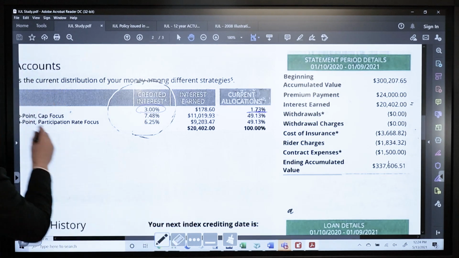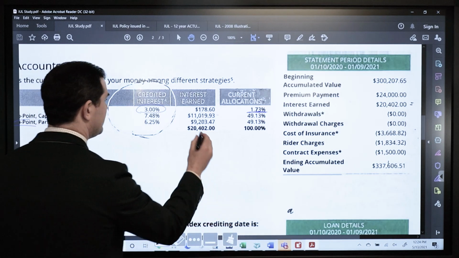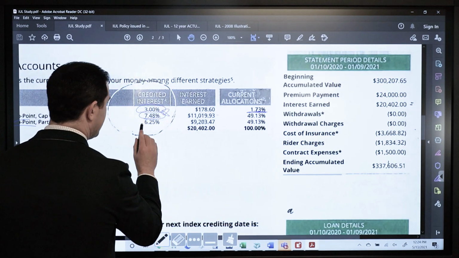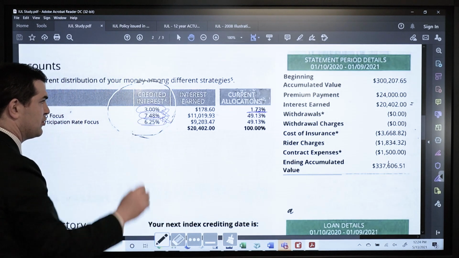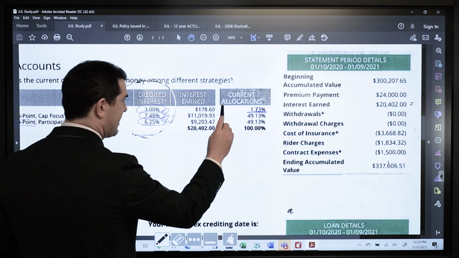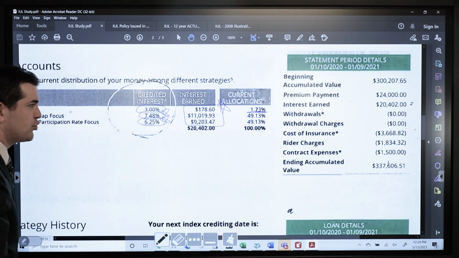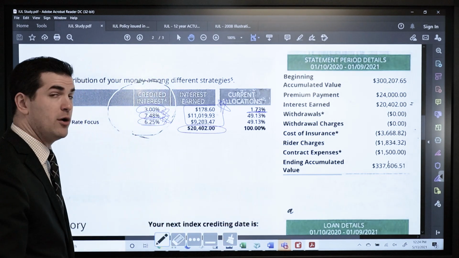But then these are two point to point. I can scroll over S&P 500 index strategies, 7.48%, 6.25%. That was the actual interest rate credited based on his allocation, which resulted in this, the actual interest earned for $20,402, the number we saw before.